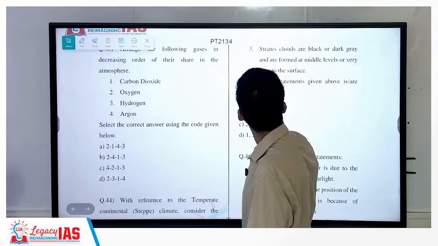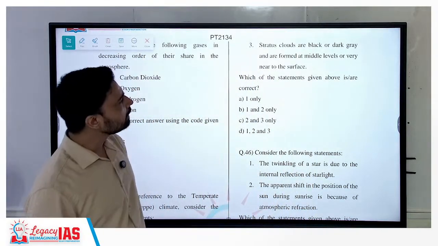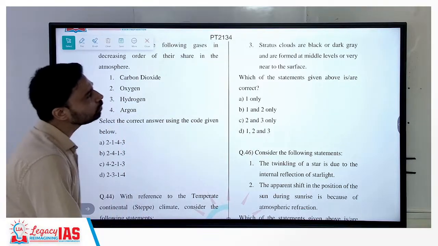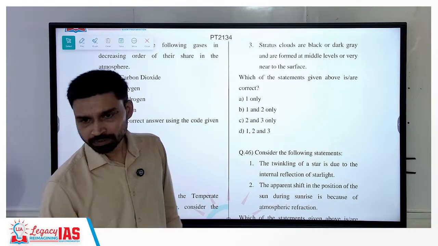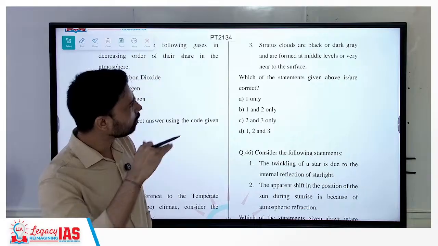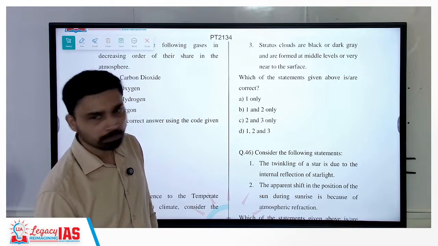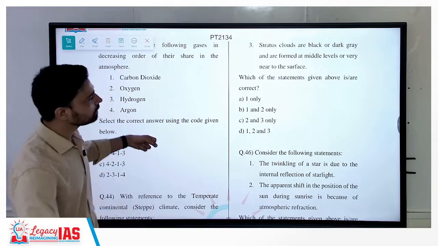Third is stratus clouds are black or dark grey and are formed at middle levels or very near to surface. Black or dark grey we cannot say. Okay, it is light grey in nature. Plus also it is not from mid level or very near to surface. That is cumulonimbus cloud we can say, or nimbostratus. So 1 and 2. Okay, B is the right option.